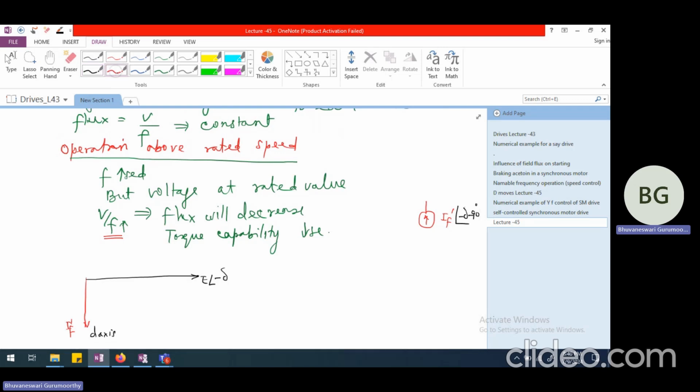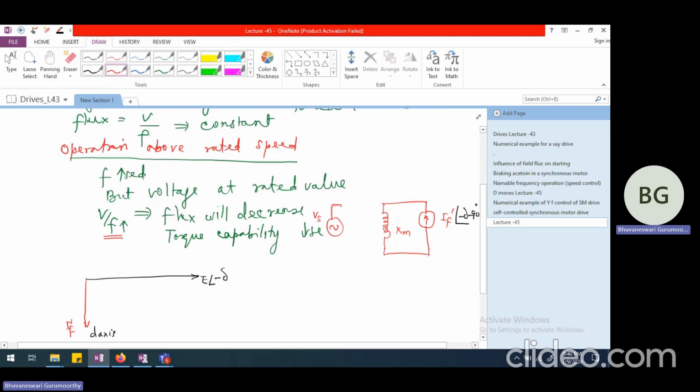This field current being pumped in causes a flux which is mutually linking between the rotor and the stator side. If the stator is applied with the voltage Vs, that is the reference, so this is Vs angle 0, it will have some amount of resistance drop.